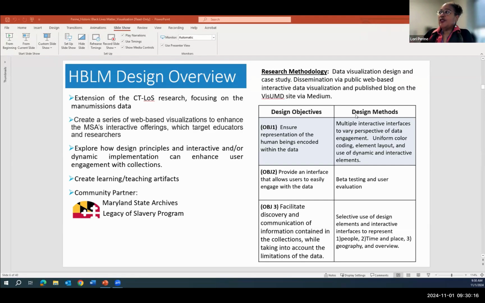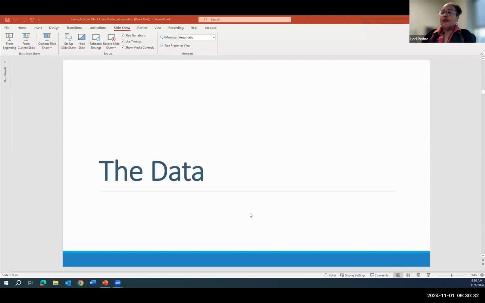So you see here some of the design methods that went into creating this project. As we continue on, perhaps during the question and answers period, if there's interest in some of those details, I'd be happy to go through it at that time.